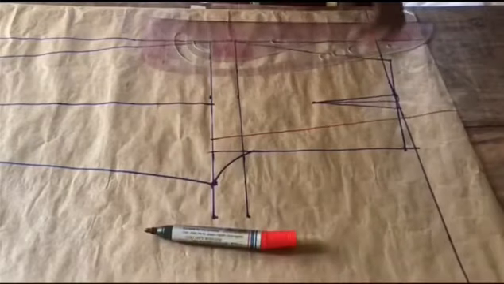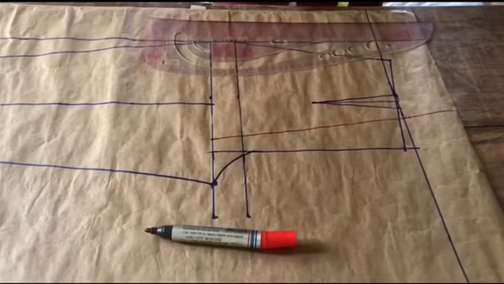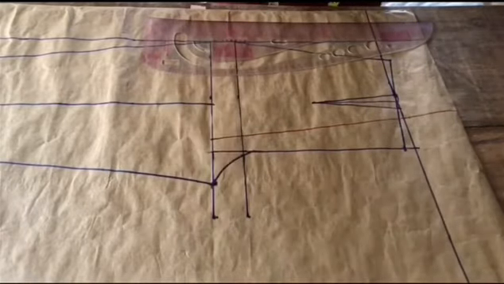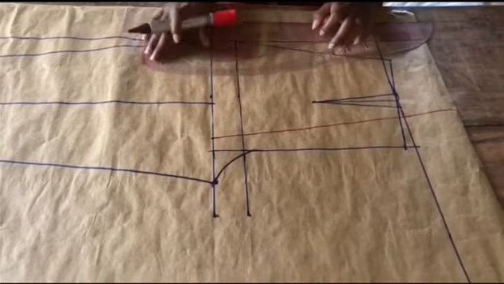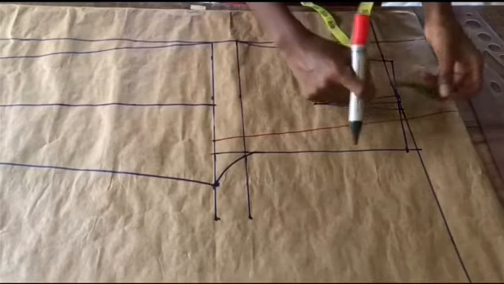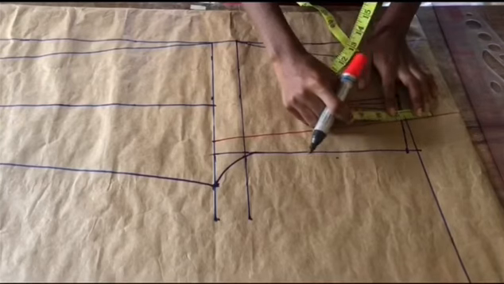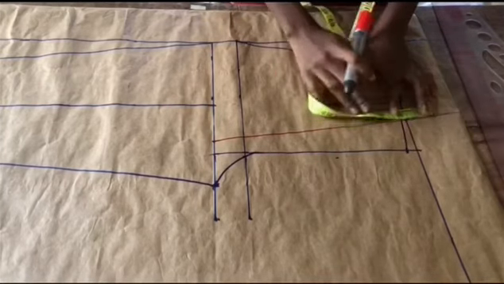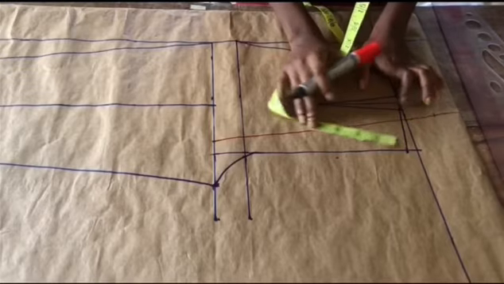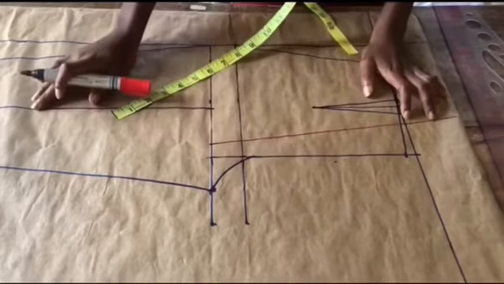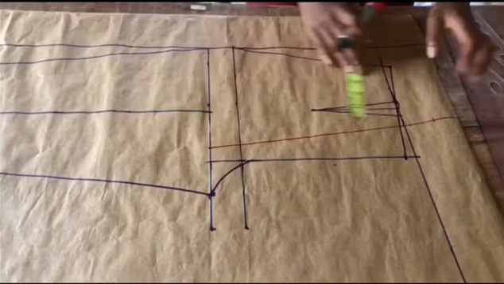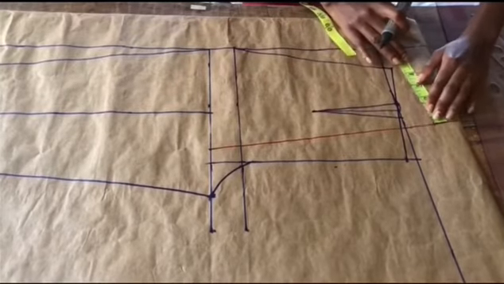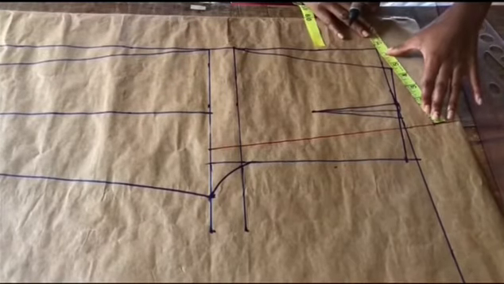Let's proceed with the back pattern. For the back pattern, we are making use of the red marker. At this point, we are going to go up by 1.5 inch. If the person you are sewing for has bum, you can go up by 2 inches, but for this pattern 1.5 inch is okay. Then we are going to measure our waist measurement.